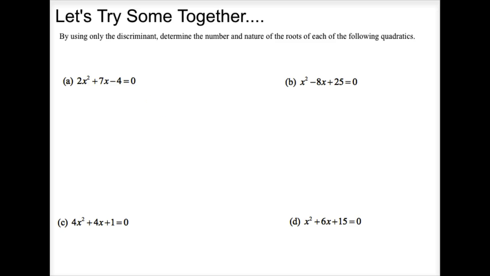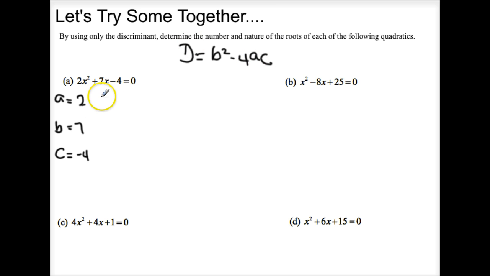Alrighty, so our first example. The first thing you always have to do is ask, what's my A, what's my B, what's my C? So my A is 2, my B is 7, and my C is negative 4. And the discriminant I'm going to write up here is basically what's under your radical sign, which is B squared minus 4AC.